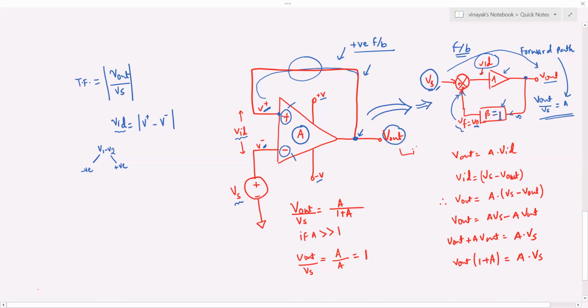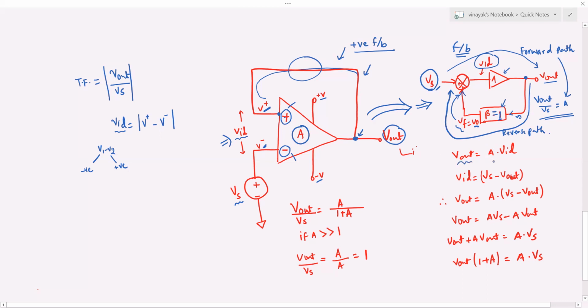So VID, as we can see, is the difference between the two voltages. So we will write here now. Here is the reverse path, because now we have a feedback in the circuit. Therefore, we now write the following expression.